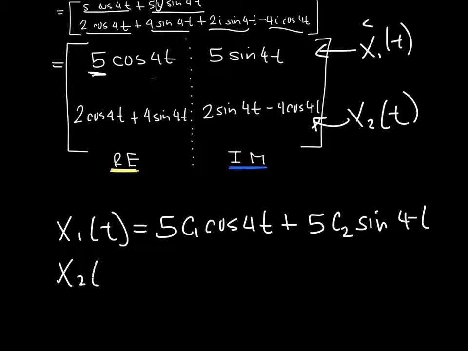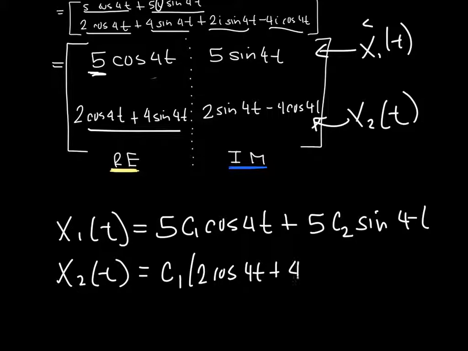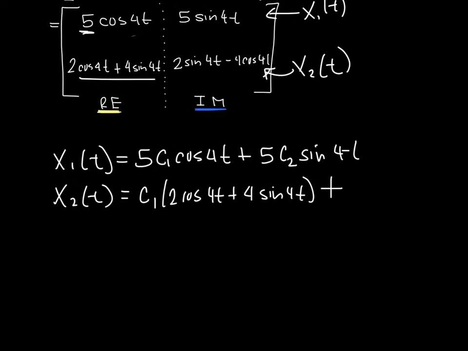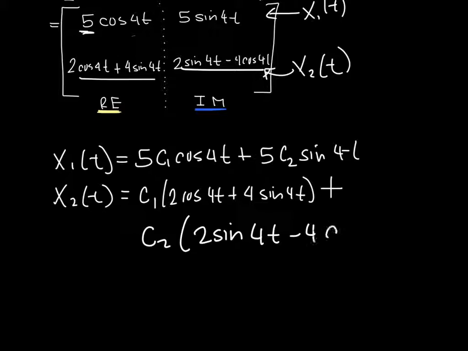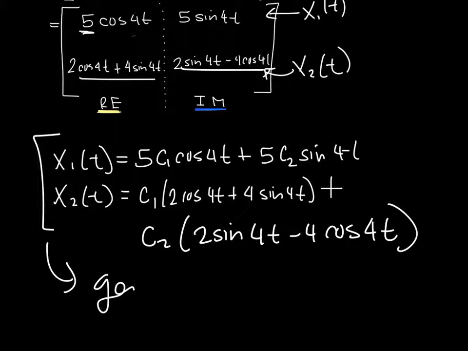Similarly, x2 of t is c1 times this guy, so 2 cosine 4t plus 4 sine 4t, plus, I'm running out of room, I'll write it down here, c2 times our last guy, so 2 sine 4t minus 4 cosine 4t. This is the general solution.